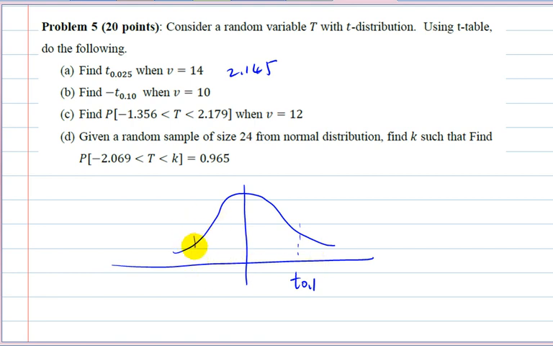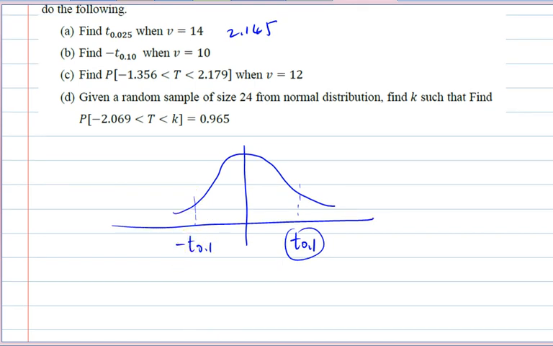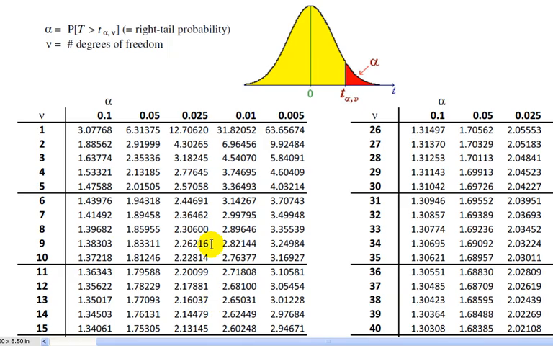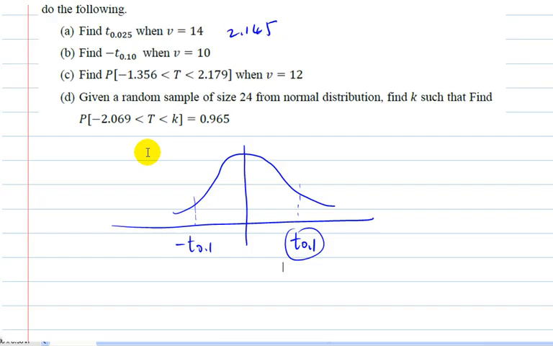Because it's symmetric, negative T0.1 is going to be here. So first find out what this value is, then just put a negative sign, and that's the negative of this. I think you can find that.